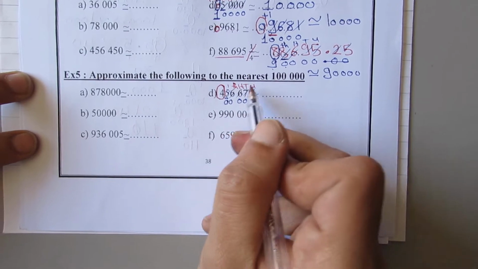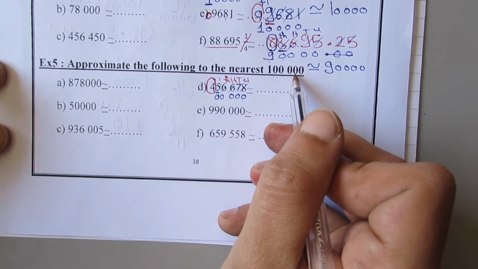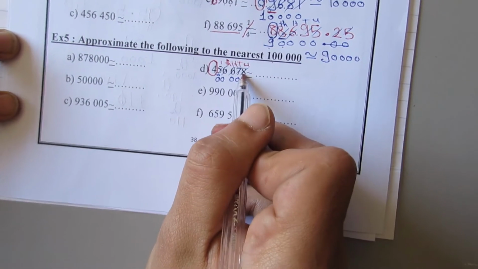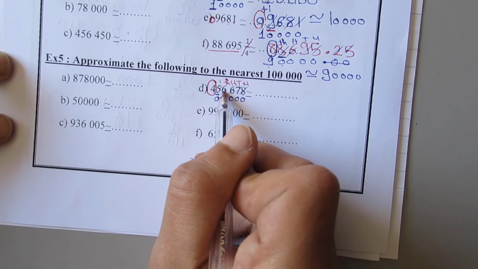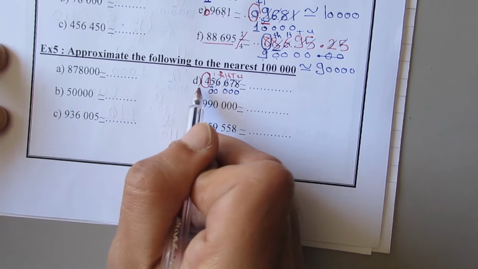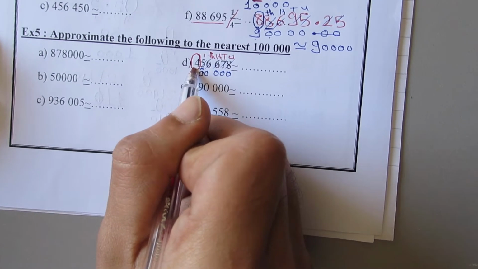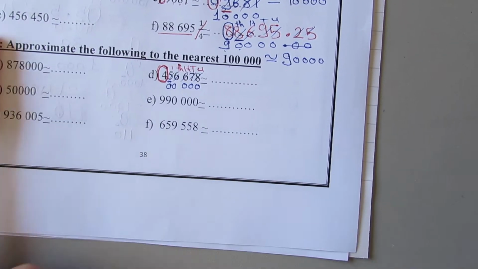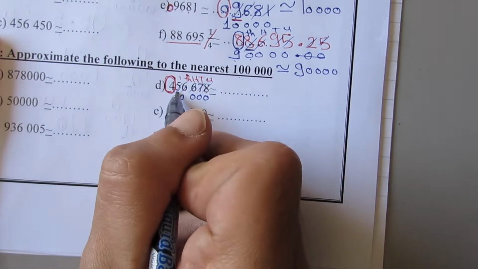Approximate the following to the nearest 100,000. So we have to locate the digit which represents the 100,000. Here we have unit, tenths, hundred, thousand, 10,000, and the 4 is the digit in 100,000. So we circle the number 4 and underline the following digit, which is 5.